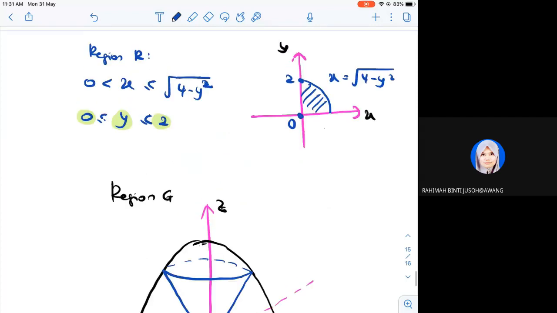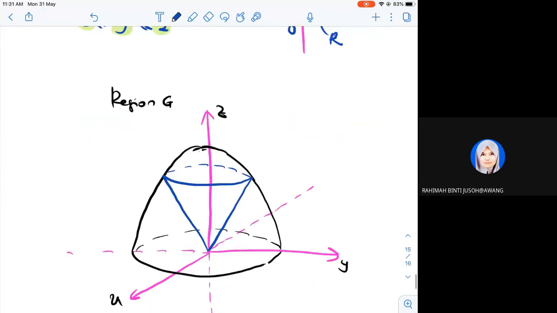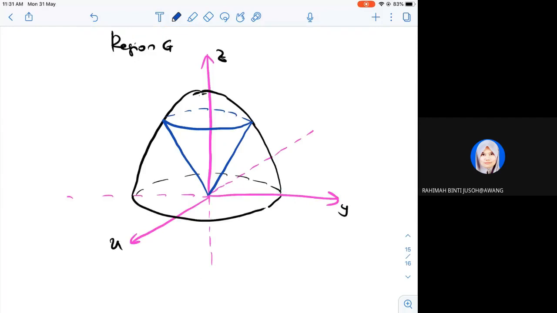However, region R only quarter of the circle. Ni region R ni only quarter, only first quadrant. Okay, so what happened? Only first quadrant. Saya ulang balik ayat saya ni. Suppose kita akan dapat pandangan daripada atas. Alright guys, if I sketch the projection, it should be like this kan.